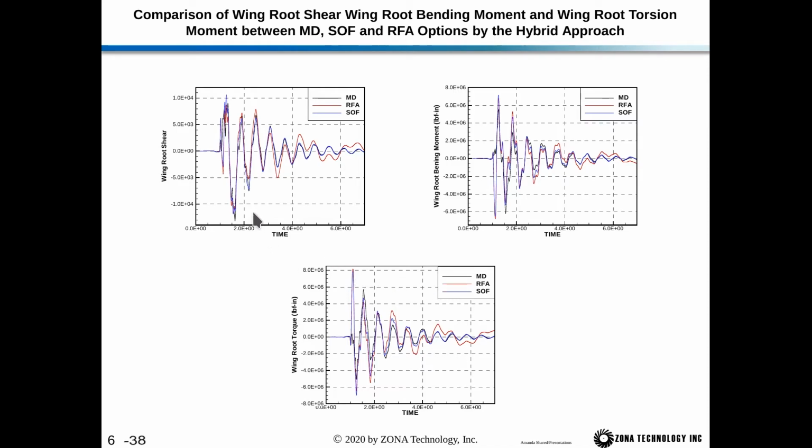When we look at the initial response, the RFA and the SOF options agree pretty well, but the mode displacement method, as we've seen before, is not as accurate. Once we move on in time, the mode displacement and SOF options begin to converge and agree with each other, whereas the RFA has some difference here as time goes on.